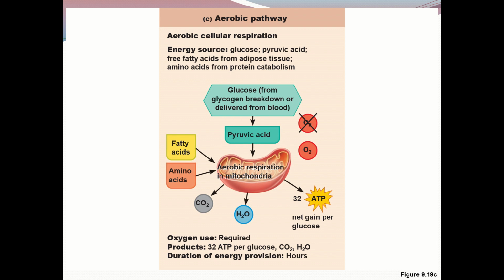So here's the picture of aerobic cellular respiration. The glucose in the blue is going to be broken down by glycolysis into 2 molecules of pyruvic acid. And the pyruvic acid can go into the mitochondria for aerobic respiration. Fatty acids can also go into the mitochondria, and then there's the amino acids from protein if necessary.